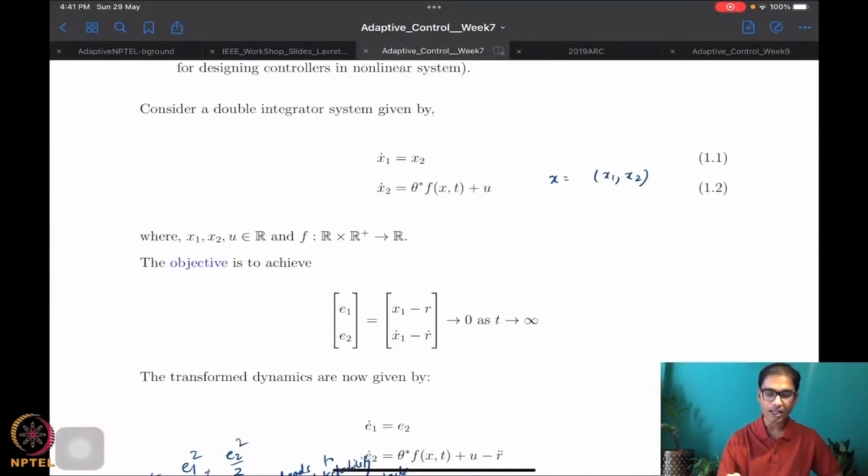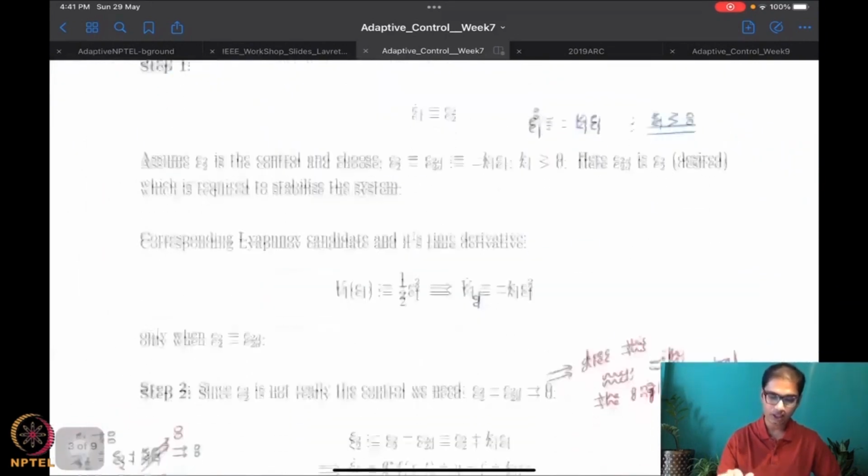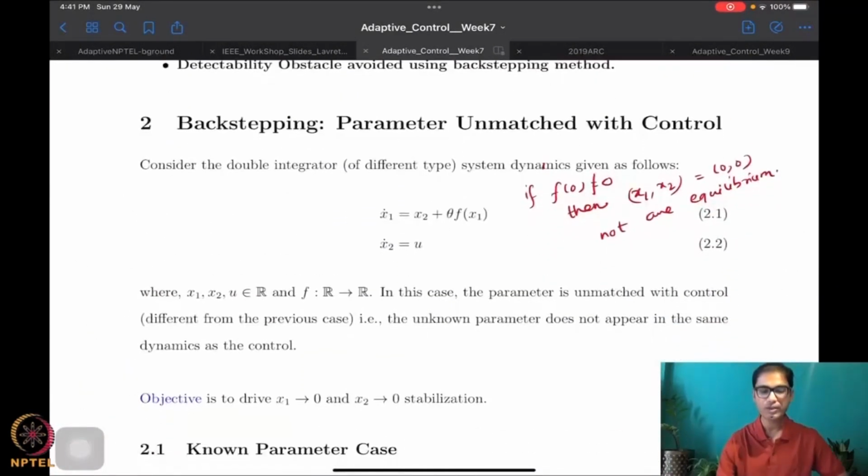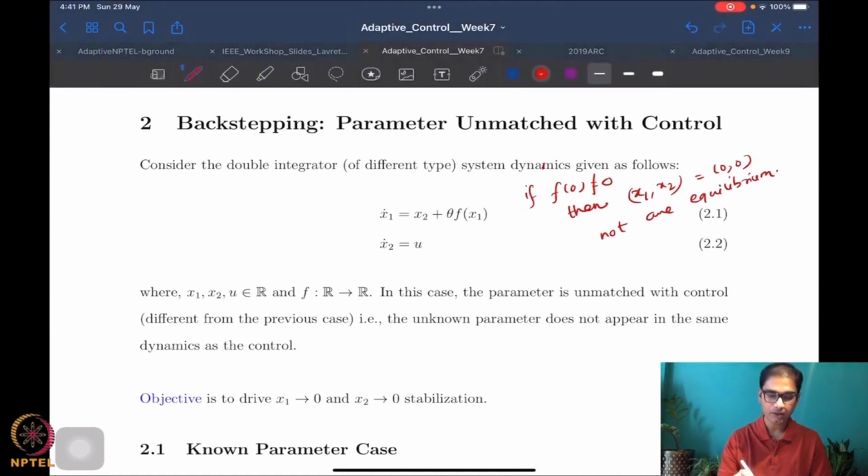This was essentially the unmatched technique, where we had the parameter which was actually unmatched with the control, right? And we had devised how to use the backstepping method in order to design an adaptive controller for such cases.